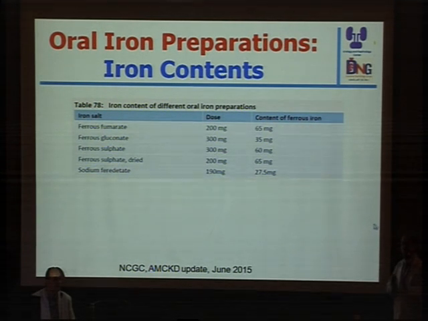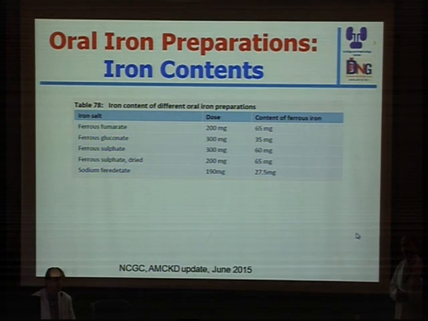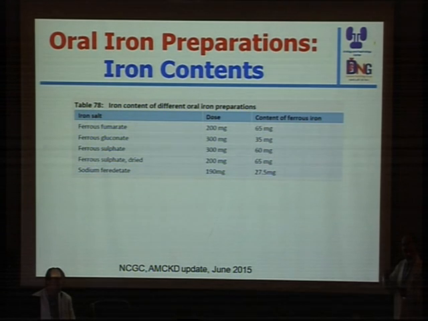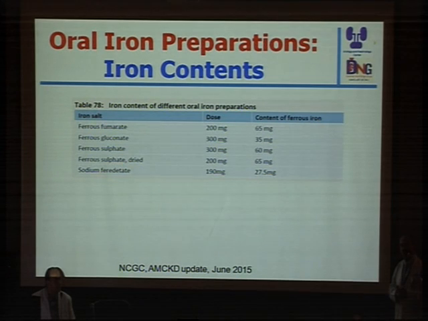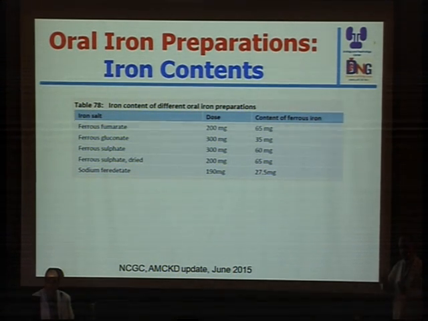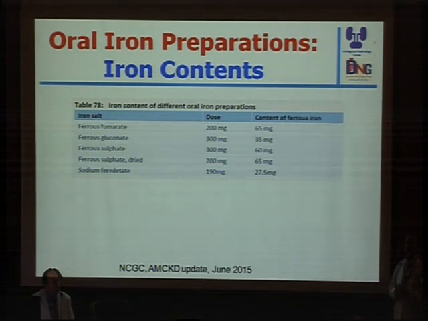When they compared oral versus IV in chronic kidney disease, they found that IV iron is associated with excess hospitalization, excess infection, and excess cardiovascular-related problems. So I should start with oral in chronic kidney disease non-dialyzed patients. And then, if I give the trial and there is no response, I shift to parenteral iron. This is the standard of care.